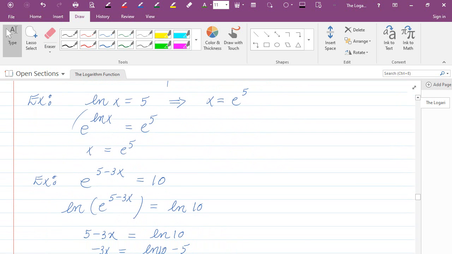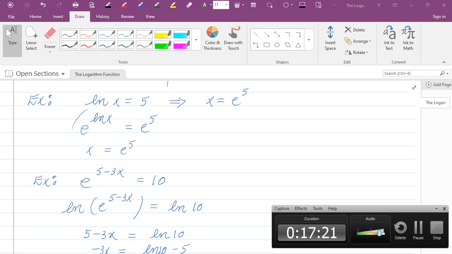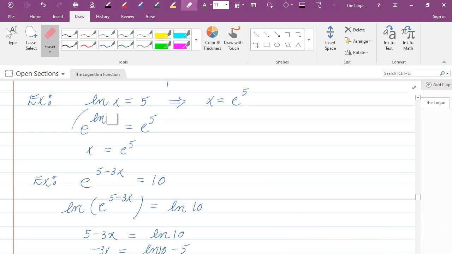Okay, let's do some examples. All right, so ln of x is 5. We know that exp of x is the inverse of that, so e to the power 5 would be x. Another way of getting there is that we can raise e to both sides.